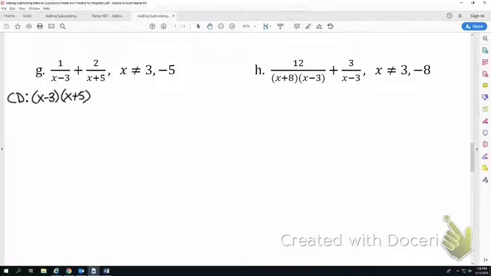Just going across my denominators and listing the factors. So now I go to the first fraction. Is the first fraction missing anything? Missing x plus 5. Is my second fraction missing anything? X minus 3.